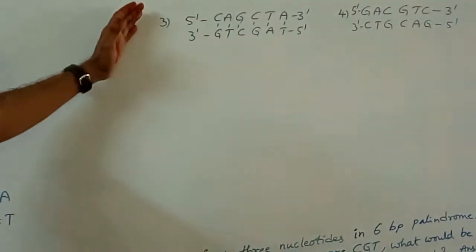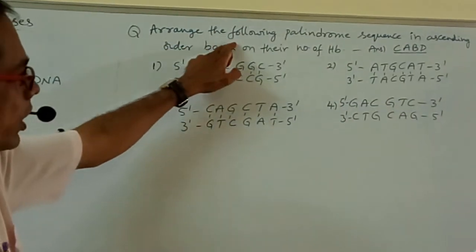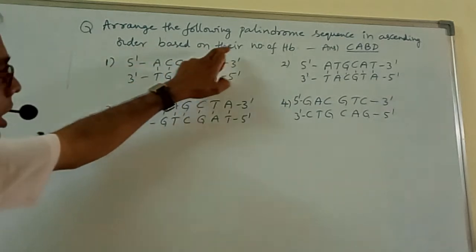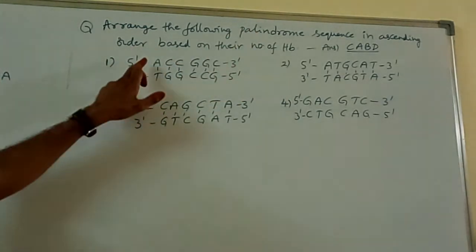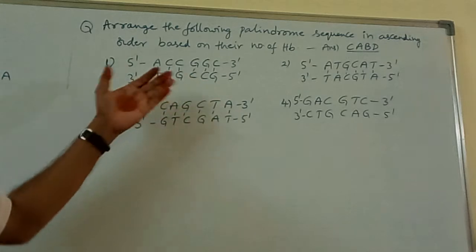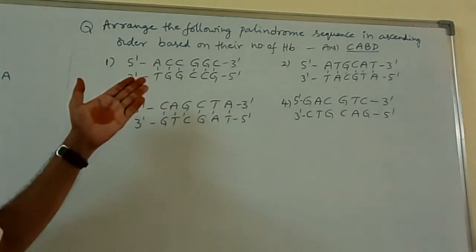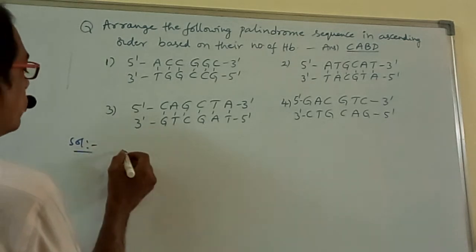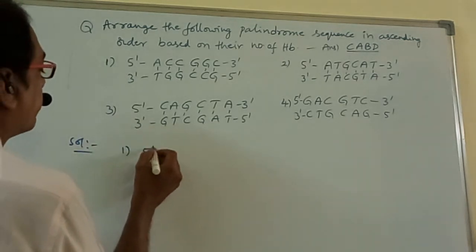Look at here, my dear students. Arrange the following palindrome sequences in ascending order based on their number of hydrogen bonds. ACC, GGC. Is this a palindrome sequence? No. So, if the question is like this, we have to do like this.